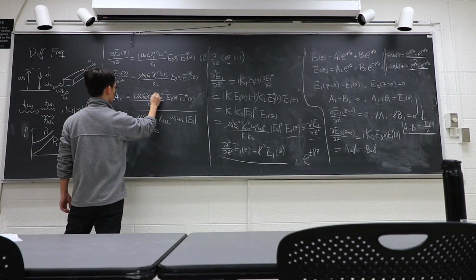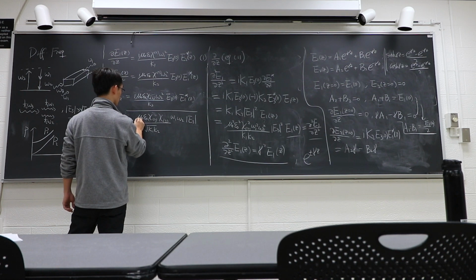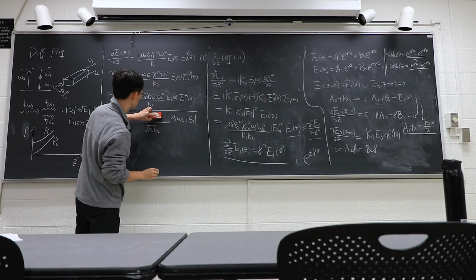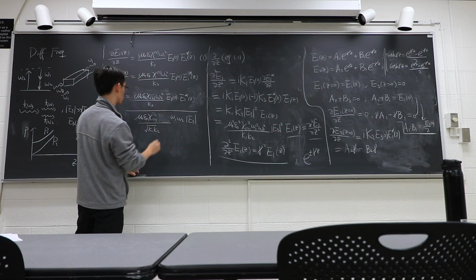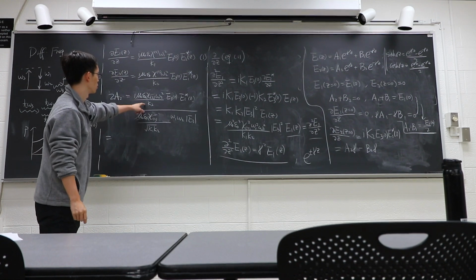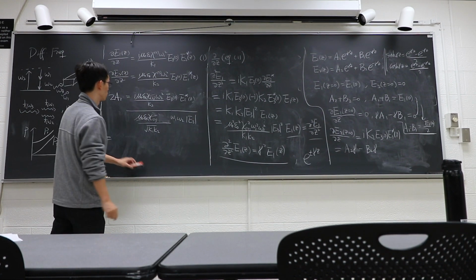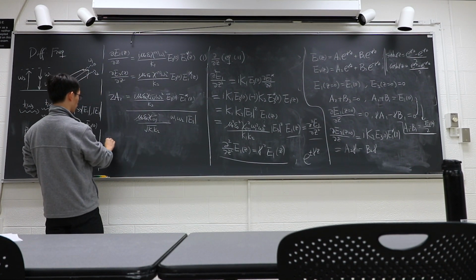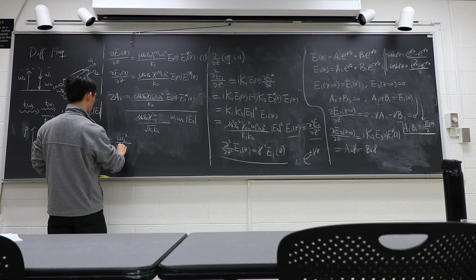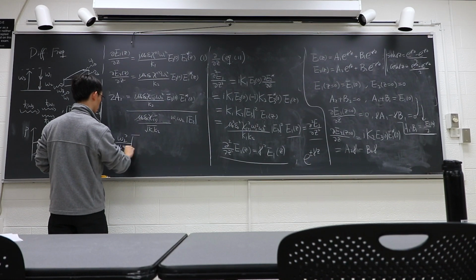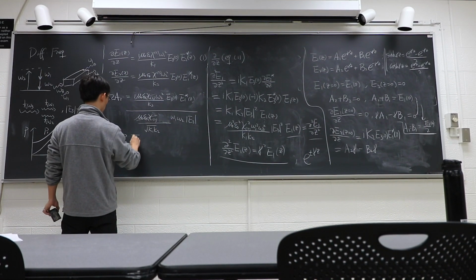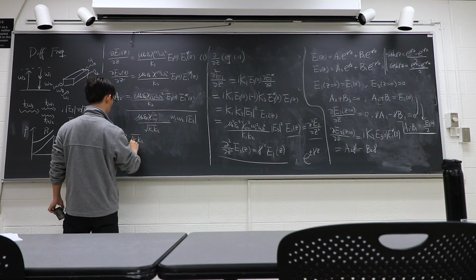So cancel all this. And then have omega 3, omega 2 squared, omega 1, omega 2, and then you have K1, K2.